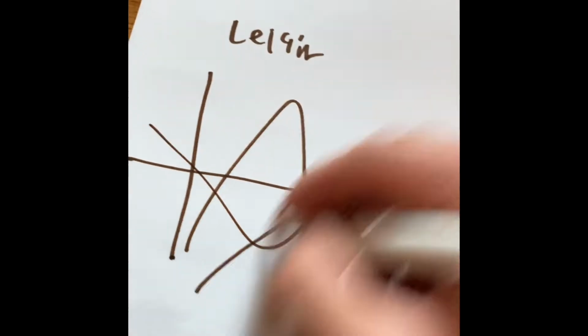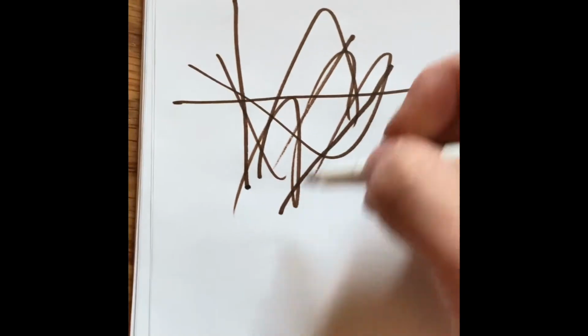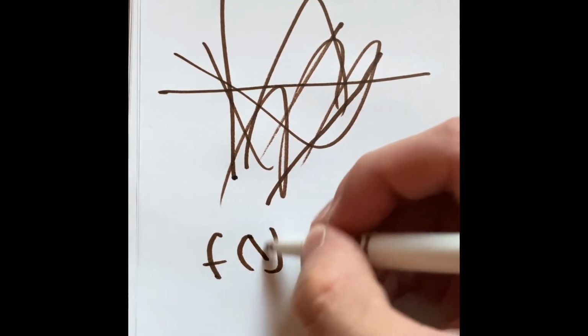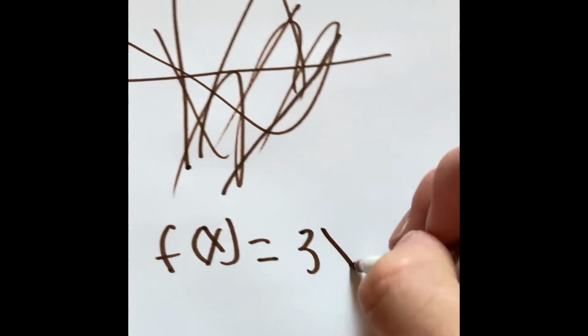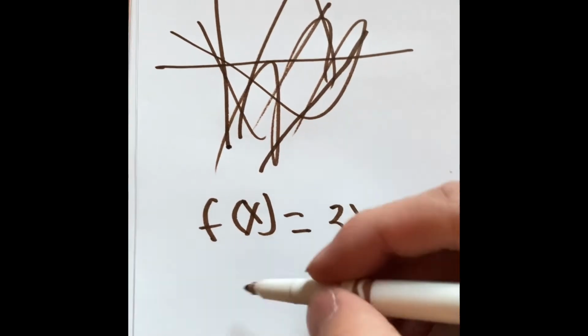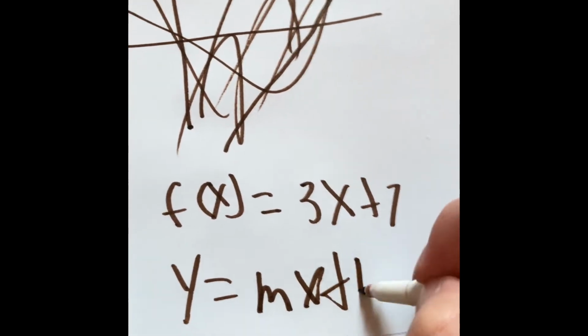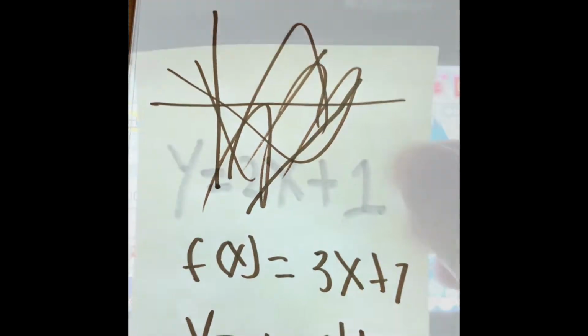And when you do that, you're always going to come across f of x as a function equal to, for example, 3x plus 7. Or if you like slope-intercept form, y equals mx plus b. You see a lot of this in your younger years of math.